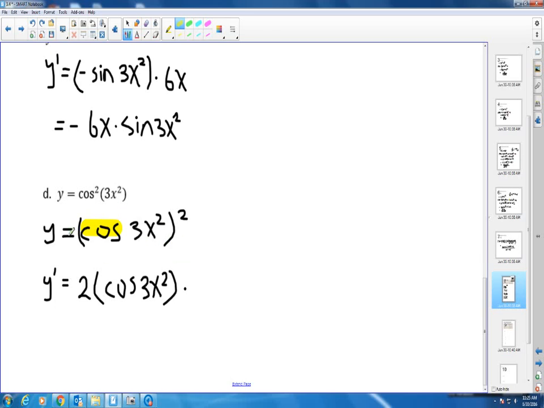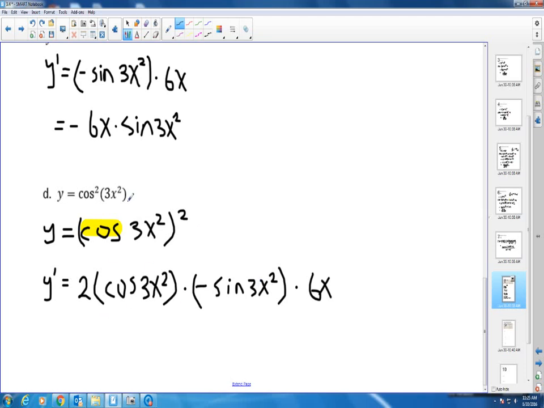So when I do the derivative of the inside, the outside function is cosine. The derivative of the cosine is negative sine. Derivative of the outside of the inside times the derivative of the inside, which is 6x.